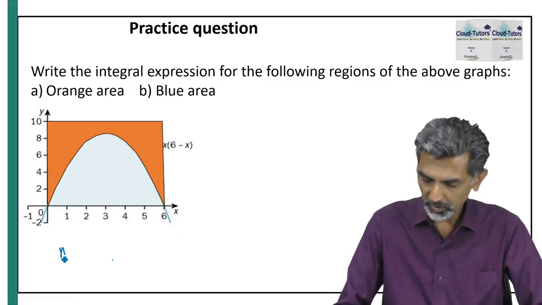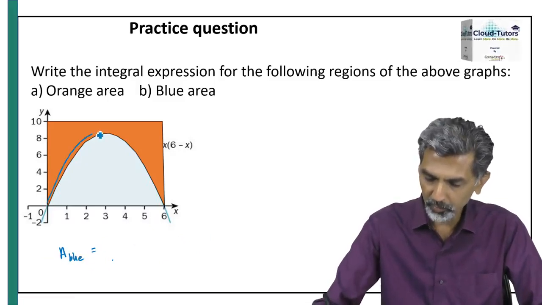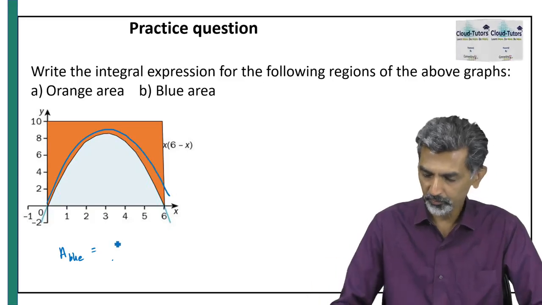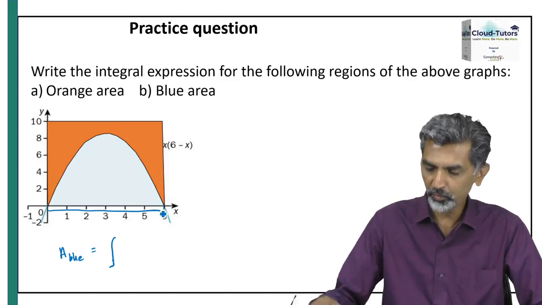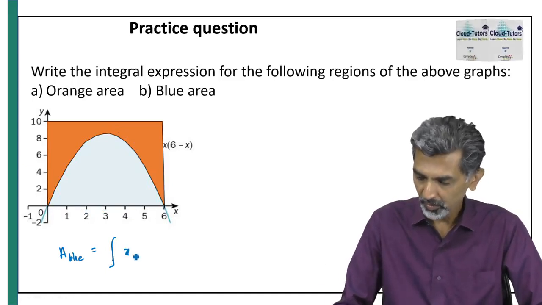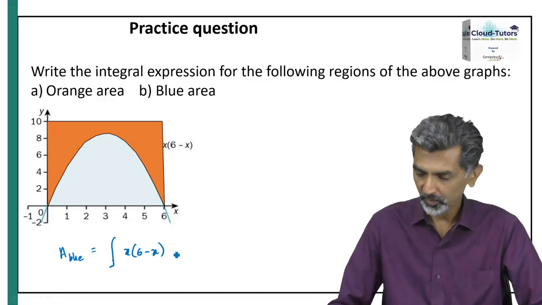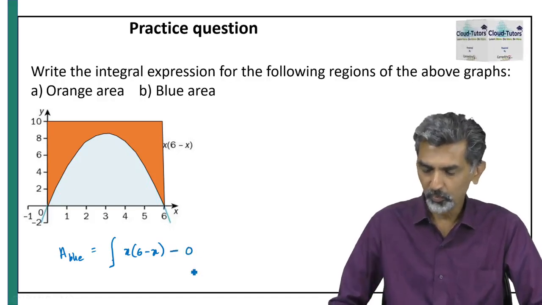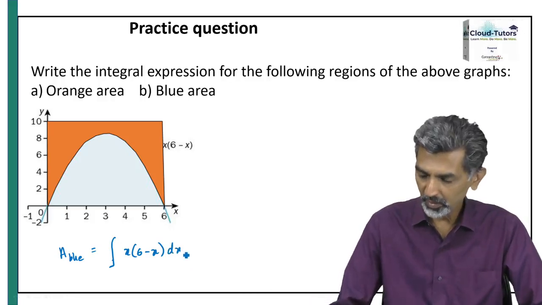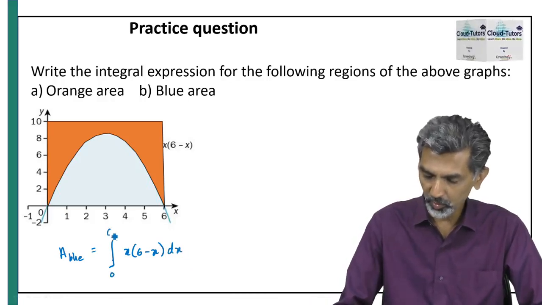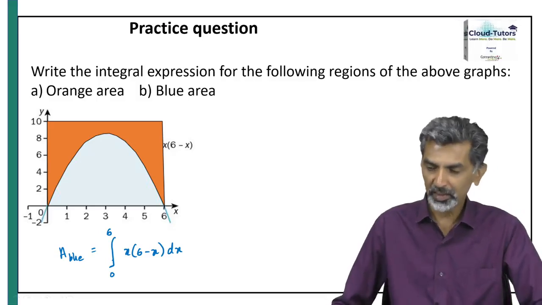So the area of the blue region is the upper curve here, and the lower curve is the x-axis. So it would be x into 6 minus x is the upper curve, 0, which is y is equal to 0, is the lower curve, dx from 0 to 6. And that will give you the area shaded in blue.